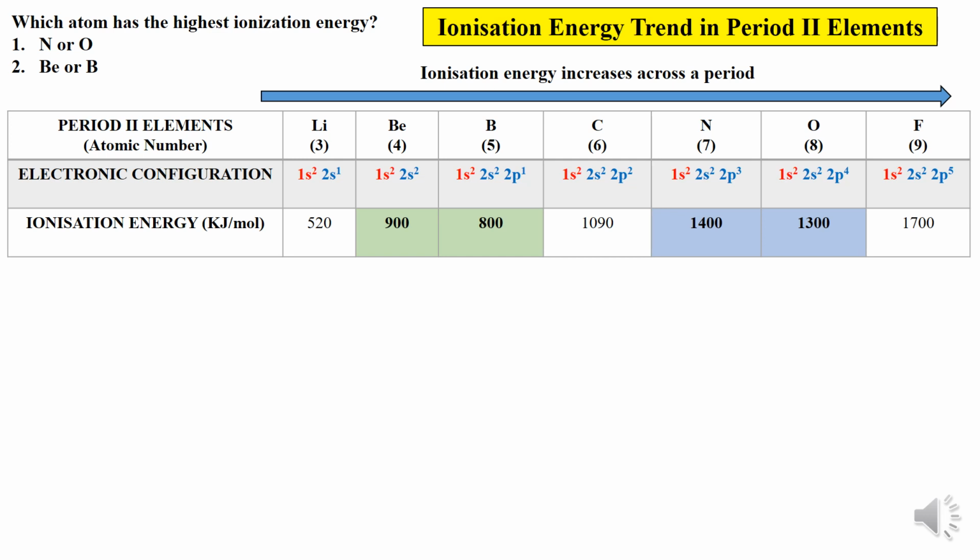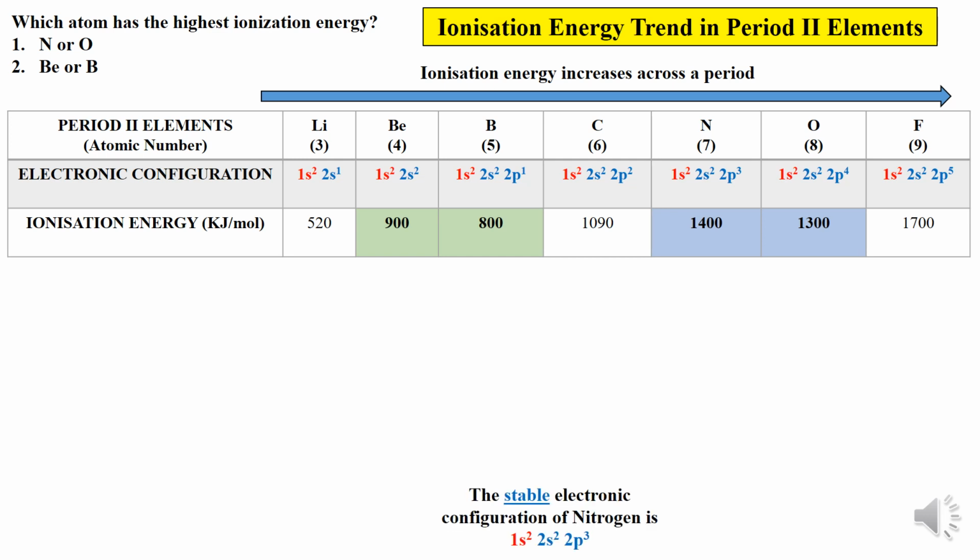Nitrogen requires more energy as compared to oxygen, so it is going against the trend. So remember these two exceptional cases in ionization energy across the period: beryllium and boron, and nitrogen and oxygen.